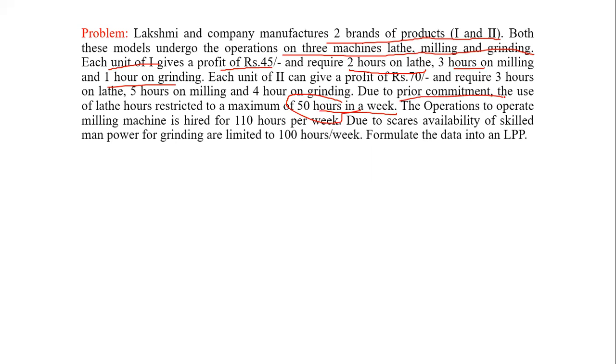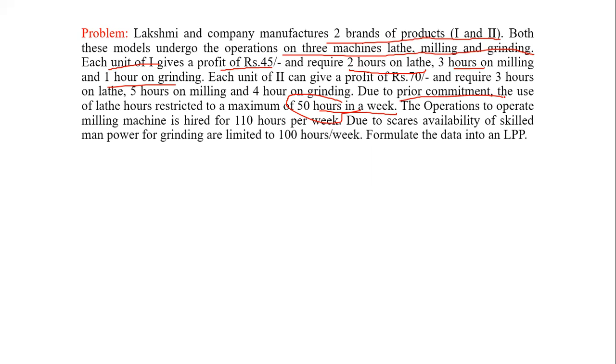Maybe for the run purpose, we may take the machines, and maybe the availability of the skilled person. So there are several additional conditions. So based on that, I can use the machine up to 50 hours. So like that, other conditions are there for the other machines, milling and grinding.